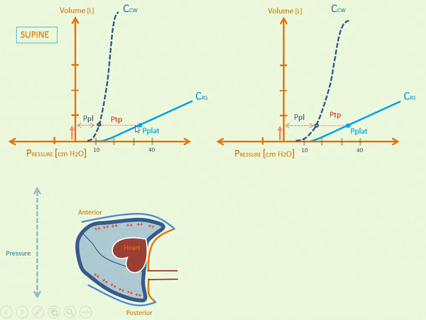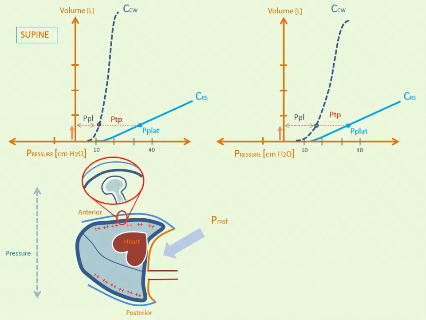So what are the hemodynamic effects here? Well, if the pleural pressure doesn't rise as much, the pressure in the pericardium doesn't rise as much, so the heart, in terms of its pressure, doesn't rise relative to the mean systemic filling pressure. So if there's not much of a rise in the intrathoracic pressure, there's still this gradient for venous return maintained. So there's still more than adequate venous return to the right heart.